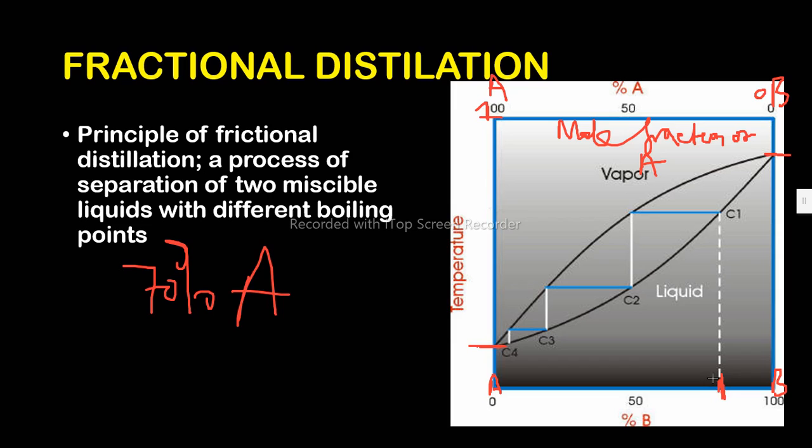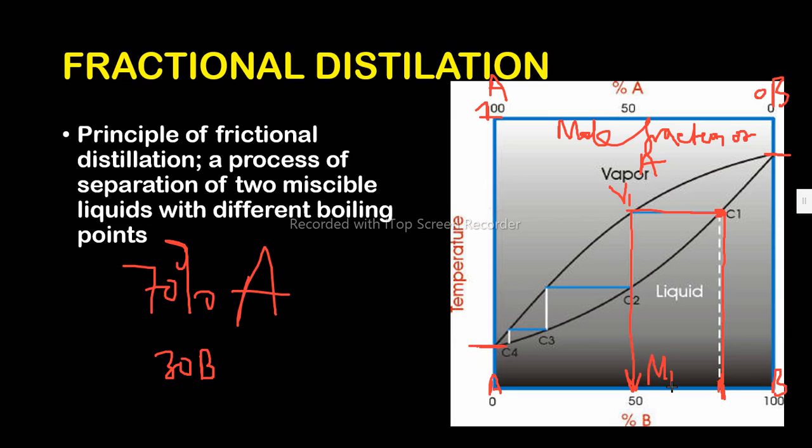If you try to boil this mixture, that means it has 70% A and 30% B. This liquid mixture is going to boil at this temperature C1, giving off a vapor, let me say V1, that when cooled is going to give a liquid mixture with such composition. Maybe you can call it M1.